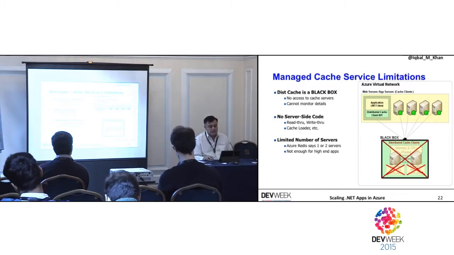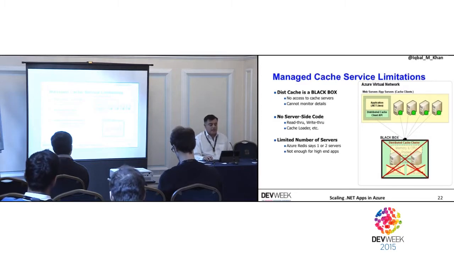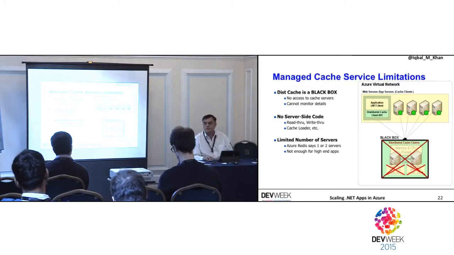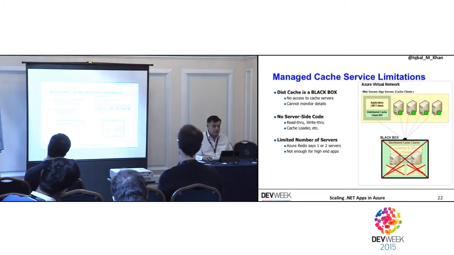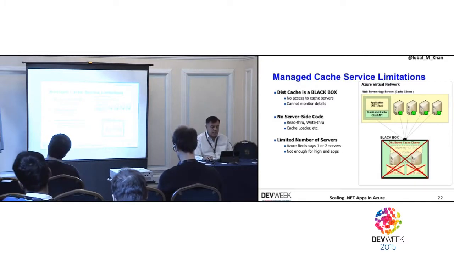And most of these have a limited number of servers. For example, with Azure Redis, their default is either 1 or 2 servers. What if you want 4 or 5 servers? So the flexibility is not there as much. And so my recommendation is to deploy a distributed cache on a virtual machine.